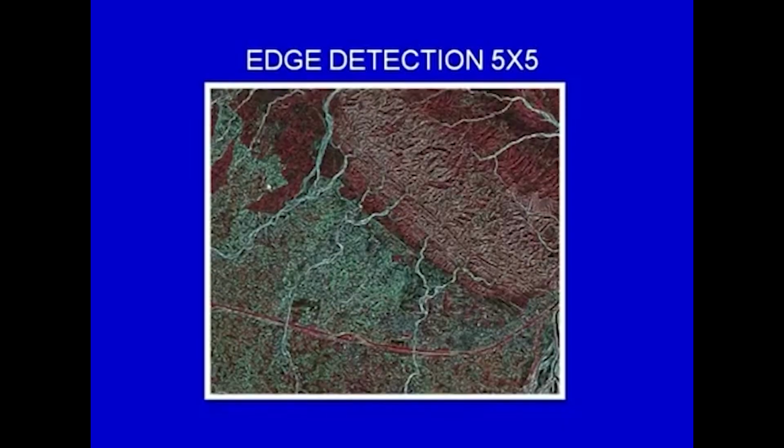Well, this can be further improved upon by increasing the kernel size of the edge detecting filter, and what we can find is that the edges are now becoming stronger than in the previous case.